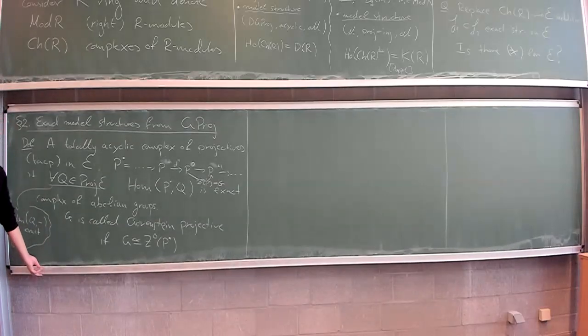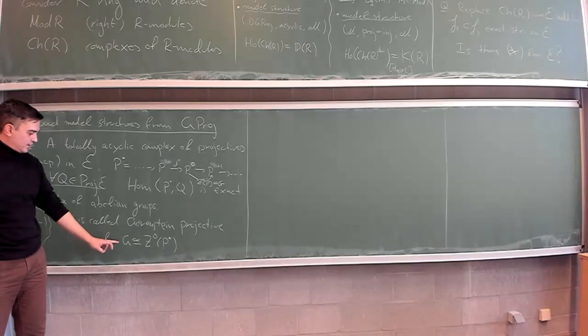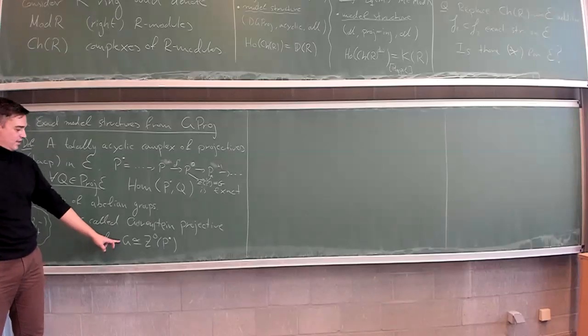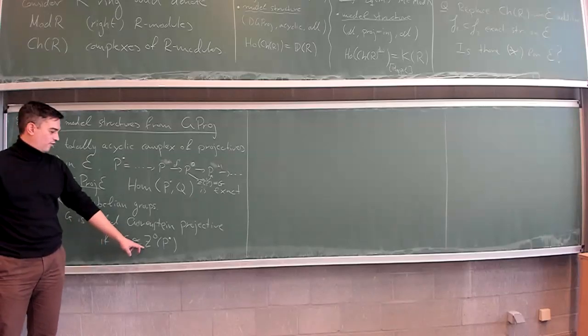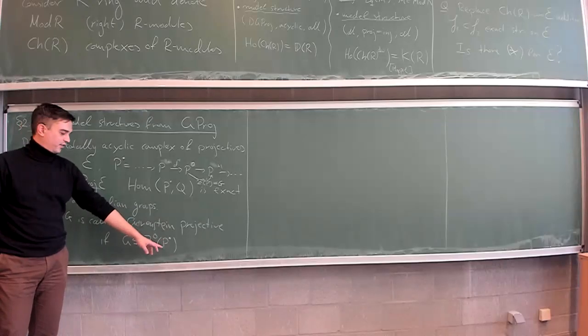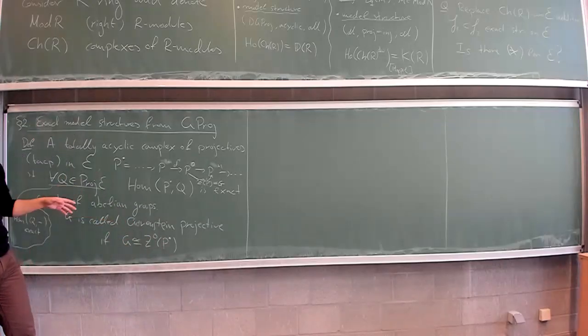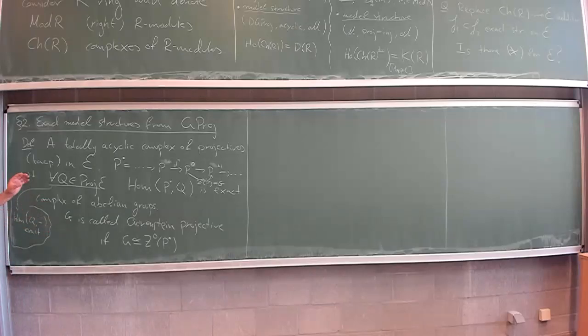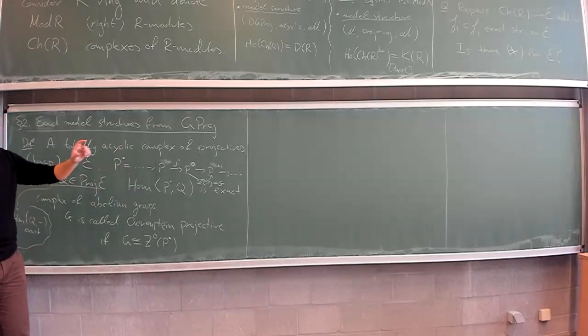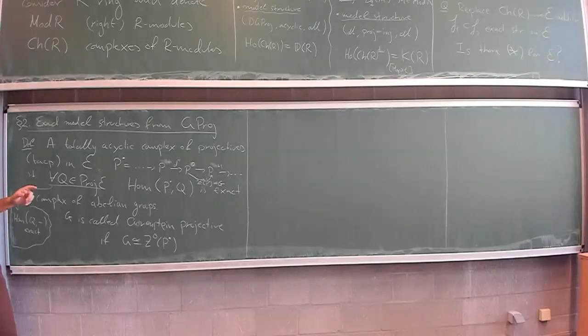Okay. And one remark that I would like to make here is that if there is a Gorenstein projective that appears as the cycles of the total acyclic complex of projectives P and of another one, let's call it P prime, then these two total acyclic complexes of projectives are projective equivalent, which means that the terms of the complex are going to differ only by a projective summand.